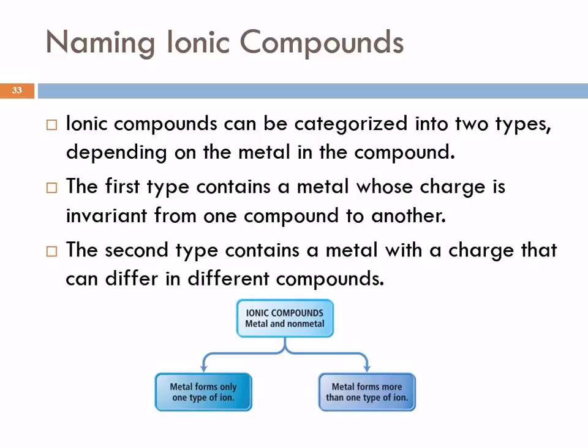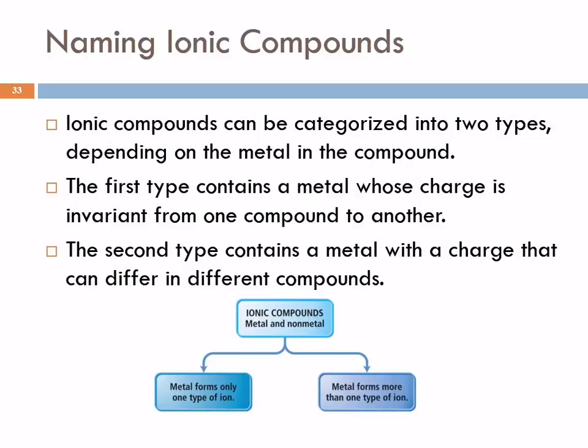We can group ionic compounds into two different categories. I think this is a little bit silly, but it's in the book, so we'll go through it. One type is where the metal only forms one type of ion. And that's the metals we've been talking about so far, the ones in group 1A, 2A, and 3A.